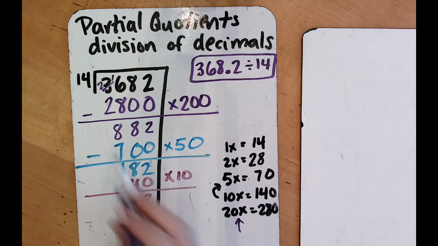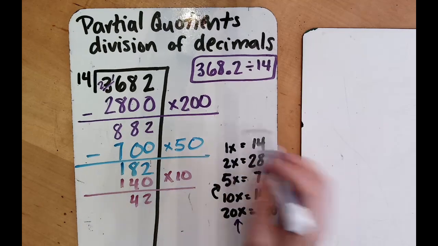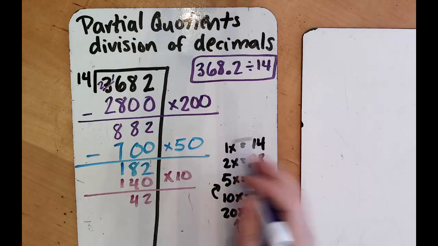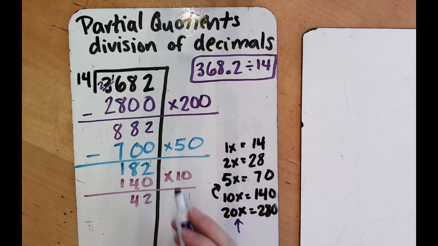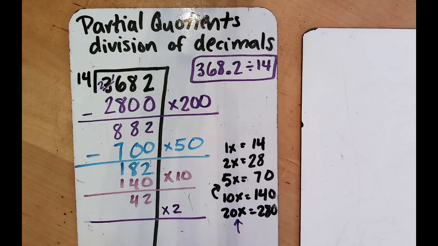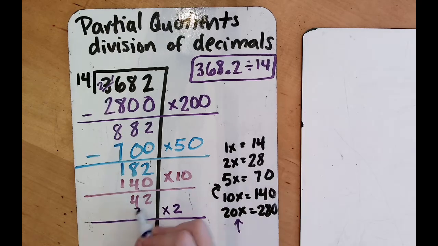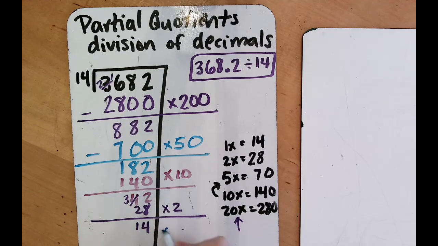Then we're going to keep on going because 14 can still fit into 42. Now, I don't have it, but most likely some of your students would end up multiplying and finding out that they need to multiply by 3 to get there. But for the sake of the video, I'm not going to do that. I'm going to go with my 28. Okay, borrow. 14 left over. Oh, with 14 left over, we know that we can multiply by 1.